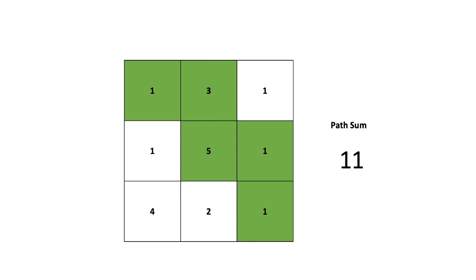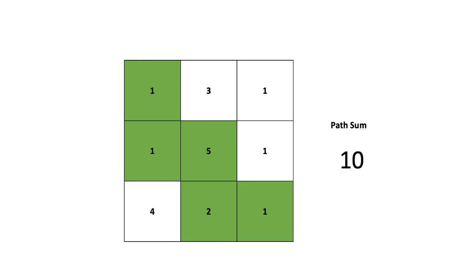The next path is 1, 3, 5, 2, 1, which has the path sum of 12. The next path is 1, 1, 5, 1, 1, which has the path sum of 9. The next path is 1, 1, 5, 2, 1, which has the path sum of 10.